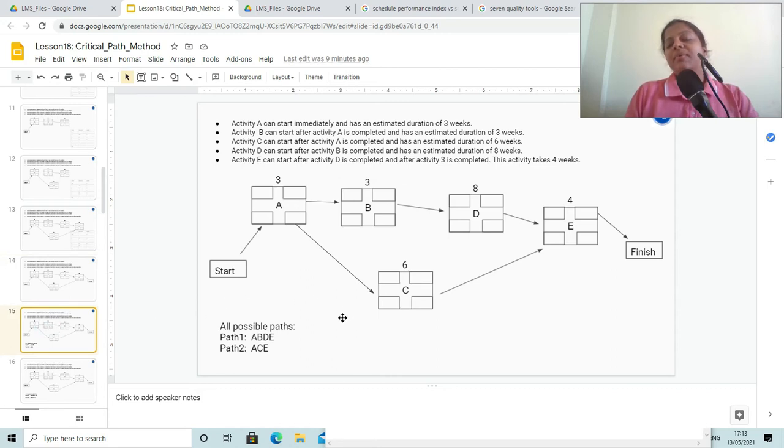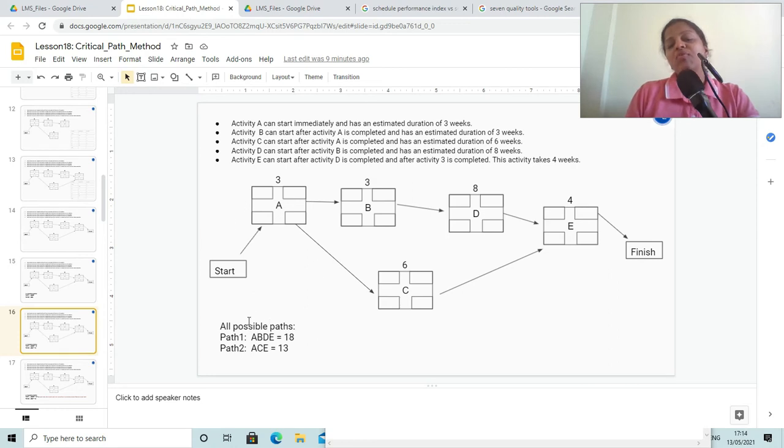The different possible paths are A, B, D, E, and the second path is A, C, E. We have to always start from left and move towards right, because that is the sequence of the tasks or the activities which we are considering. And we have to determine the length of these paths or the duration of these paths.